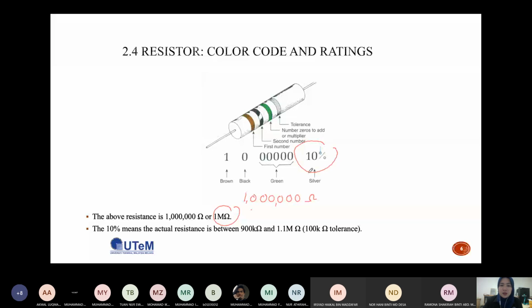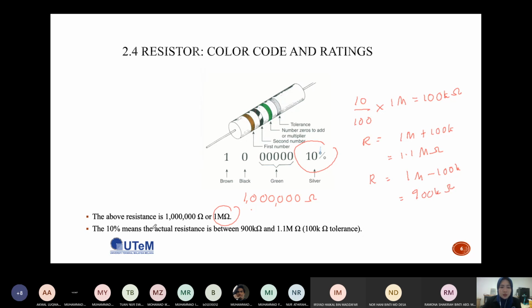If you have a plus minus 10% tolerance, you must calculate 10% multiplied with 1 mega, and you will get 100k ohm. So the actual resistance value is 1 mega plus 100k, which gives 1.1 mega ohm, and 1 mega minus 100k, which gives 900 kilo ohm.